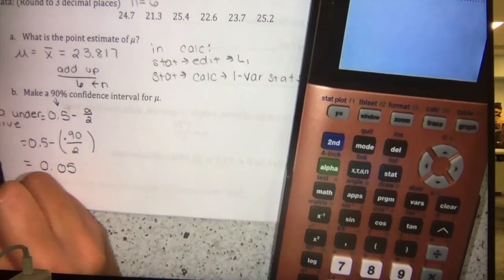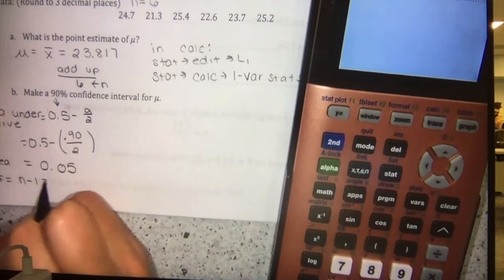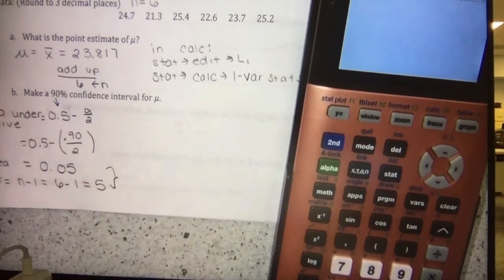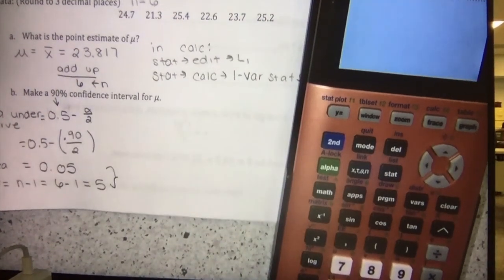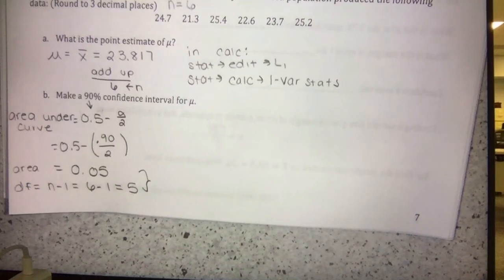So we have our area, our degrees of freedom, n minus 1, so 6 minus 1, which is 5. So we have the two things that we need for our t table, our t value, which is what we did on the previous two problems. So we should be really good at finding the t value. Before I go to the t table, I'll give you a second to write all that out.